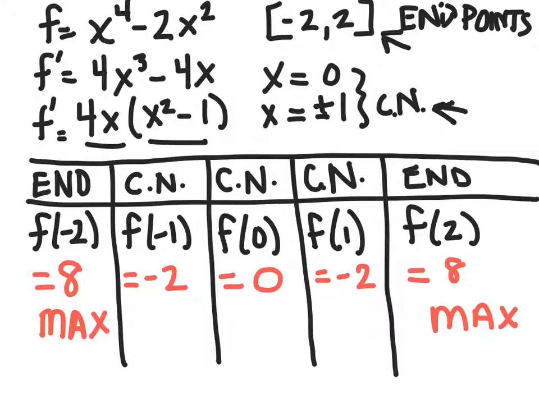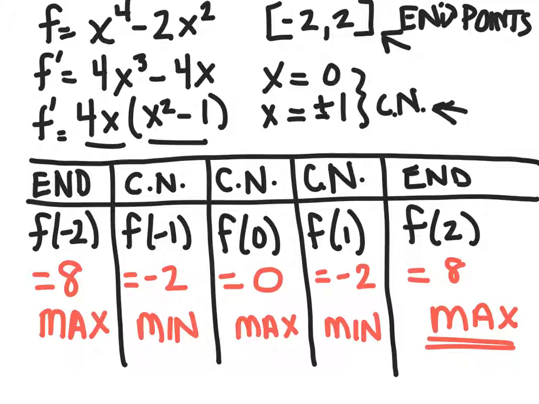And the -2 and -2 relative mins are going to occur here. And so I'm going to assume that since it goes from a min to a min, there's got to be a relative max at 0. Obviously it's not going to be as high as these two maxes, but there will be a bump there.